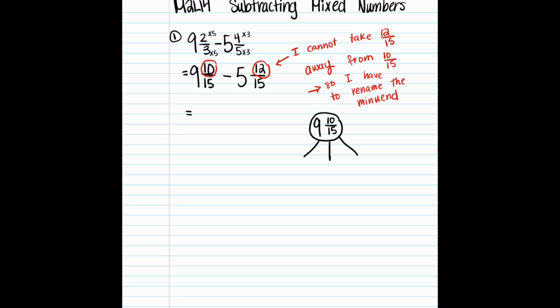Now, you don't have to do all of this on the side if you are able to just do it in your brain. So I'll show you this way with the number bond like we've been doing. I'll have 8, 15 fifteenths and 10 fifteenths. Okay, so as I change this mixed number to a different way of looking at it, I'm going to have 8 and 15 plus 10 is 25. 8 and 25 fifteenths minus 5 and 12 fifteenths.